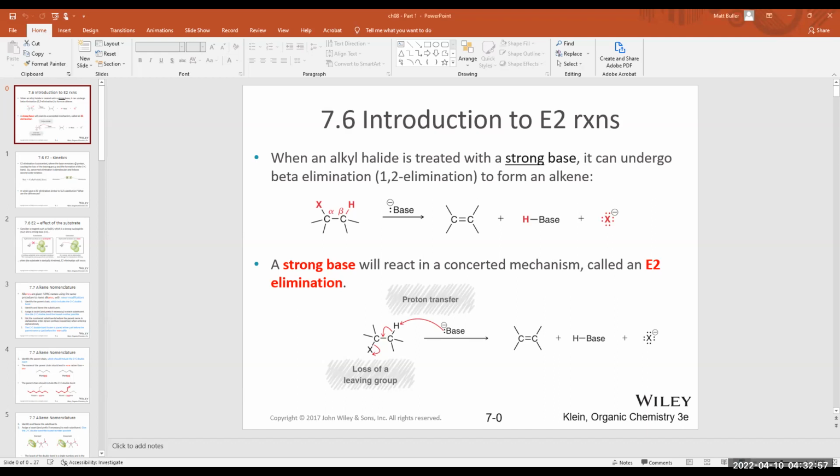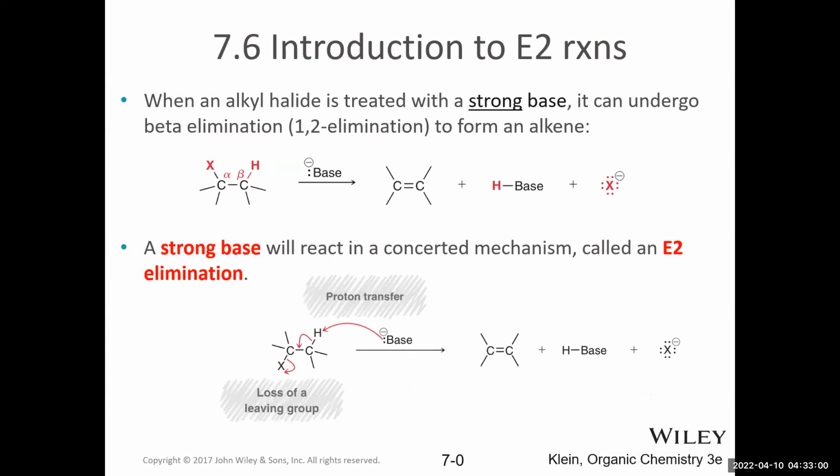I'm using slides from the 3rd edition of the book, which is why it's called chapter 7 on my slides. But again, if you have edition 2, then this would be included in chapter 8. So just make sure to find the section on E2 reactions, and that's what we'll be talking about starting today and also continuing into the next class period.